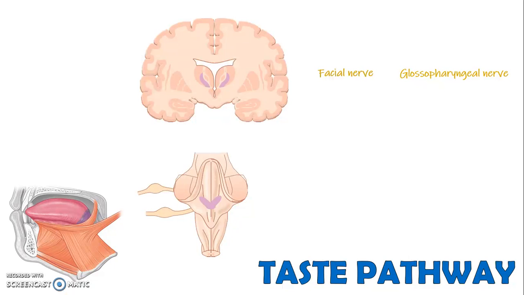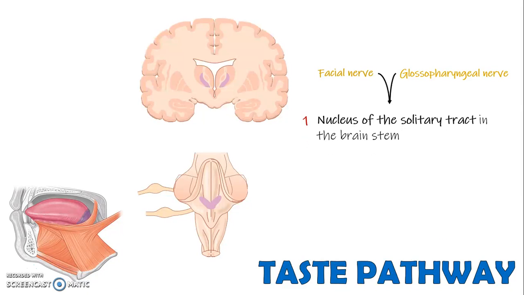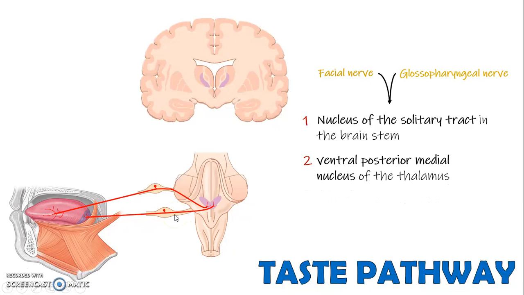Let's talk a bit about the taste pathway. The facial nerve and glossopharyngeal nerve go to the nucleus of the solitary tract in the brainstem. This is the first neuron. The second neuron goes to the ventral posterior medial nucleus of the thalamus.